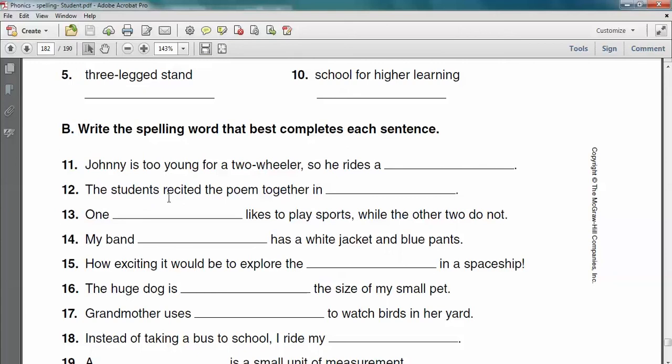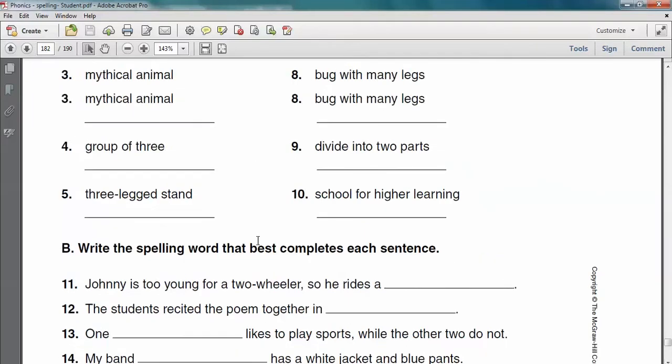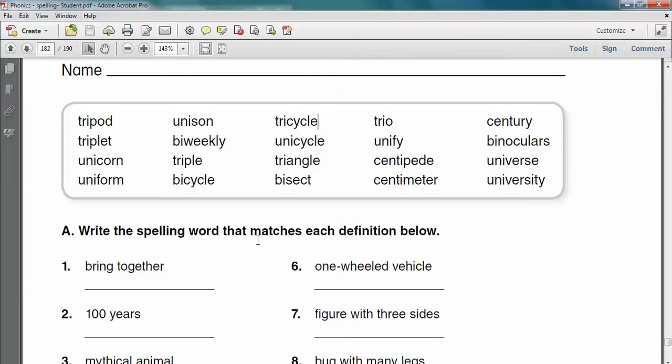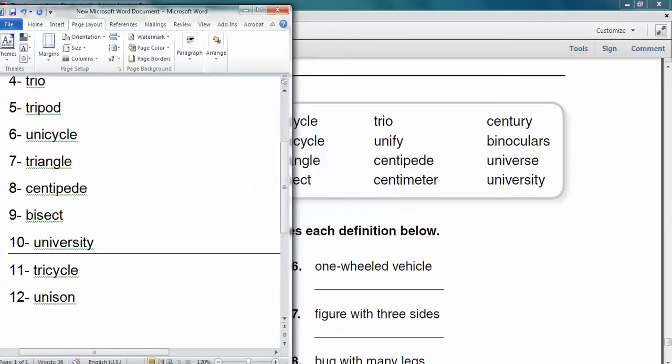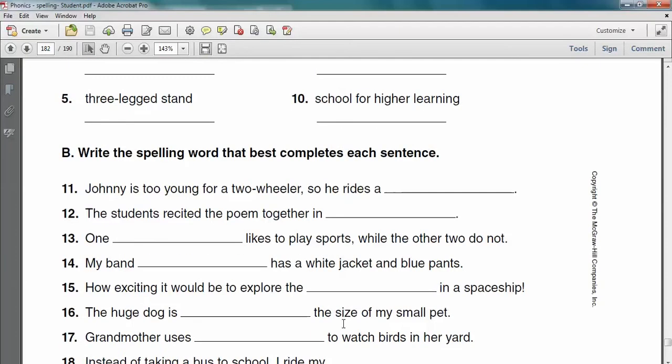Then, the students recited the poem together in, we want to say they did it together. So here, if we have a look here, it is in unison. After that, one what likes to play sports while the other two do not.